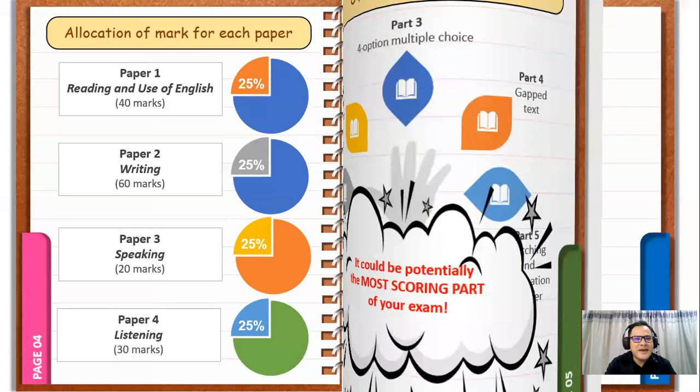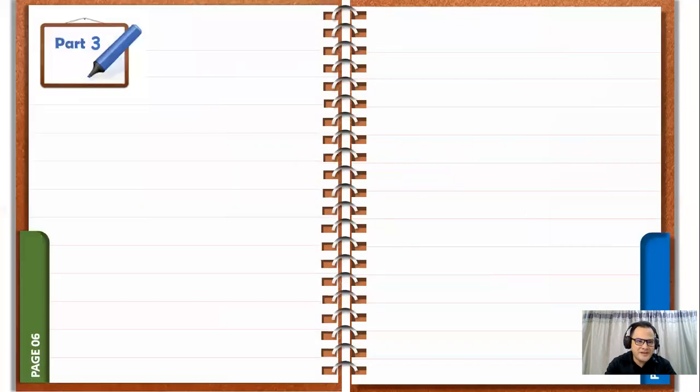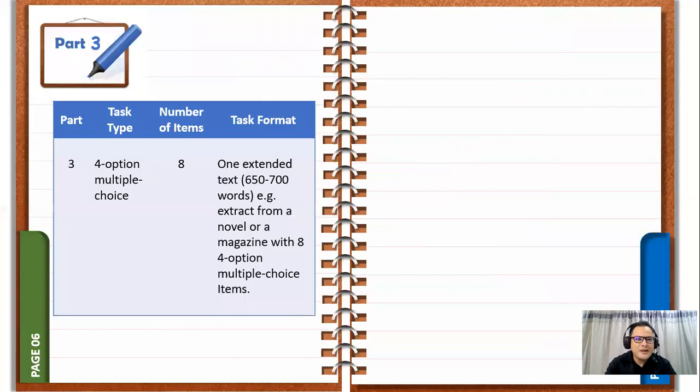Now let's look at part 3 specifically. In part 3, the task type is 4-option multiple choice, and the number of questions is 8. As for the format of the task, you will be given one extended text of about 650 to 700 words, for example, an extract from a novel or a magazine.